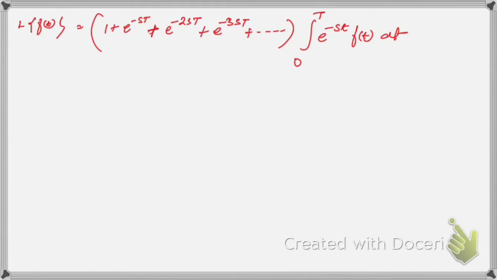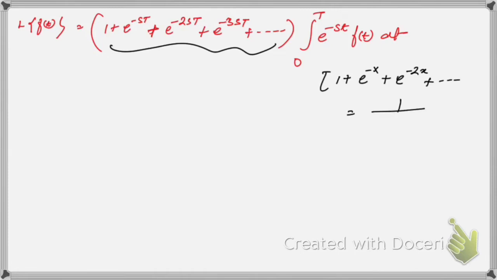Within the bracket we are left with 1 plus e to the power minus s T, e to the power minus 2 s T, e to the power minus 3 s T, and so on. If you remember this series, 1 plus e to the power minus x, e to the power minus 2x, plus so on, the sum of this series is given by 1 by (1 minus e to the power minus x). So we're going to use this result here.